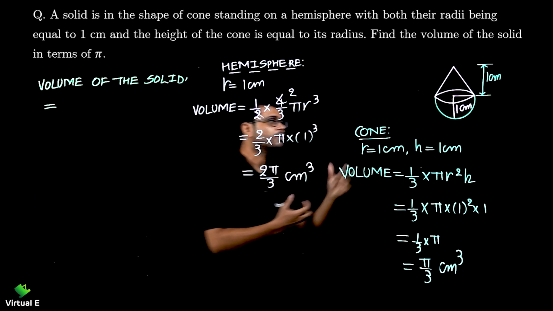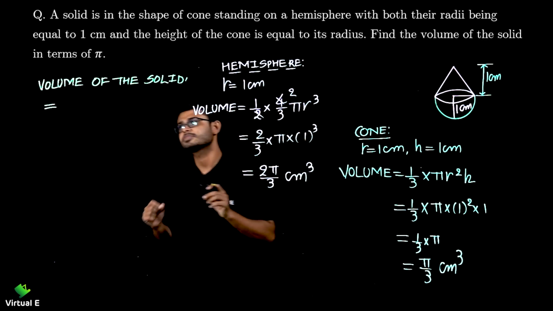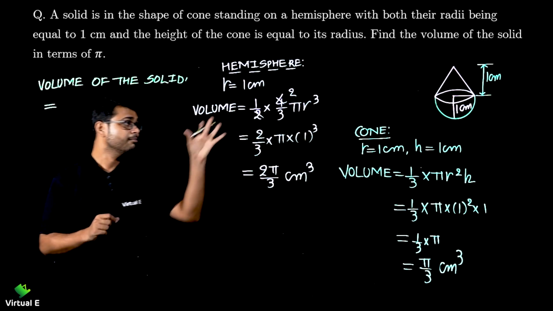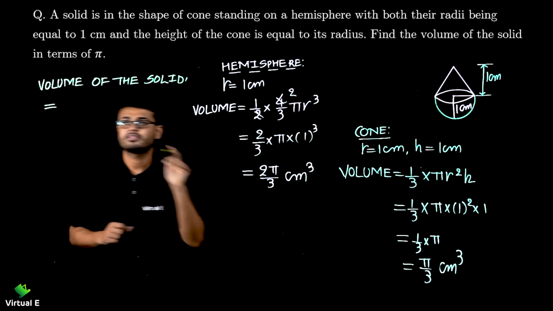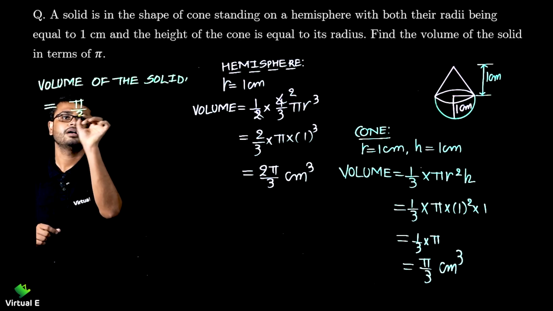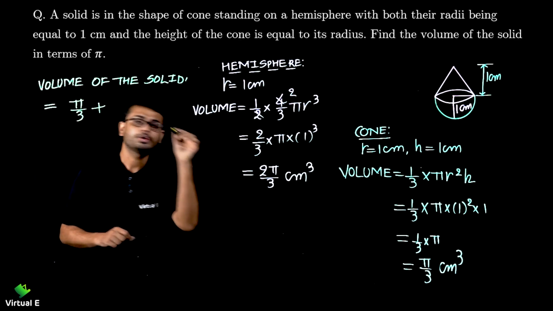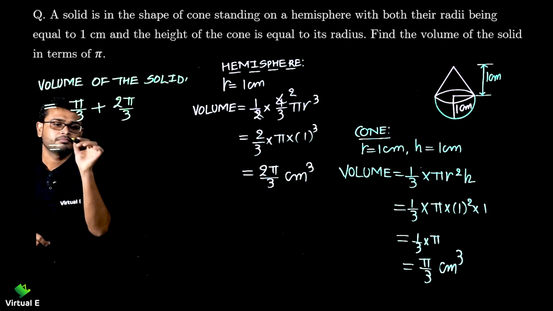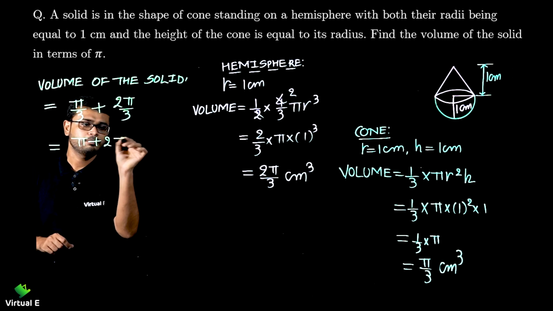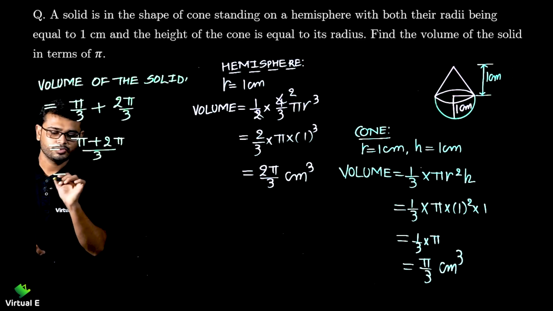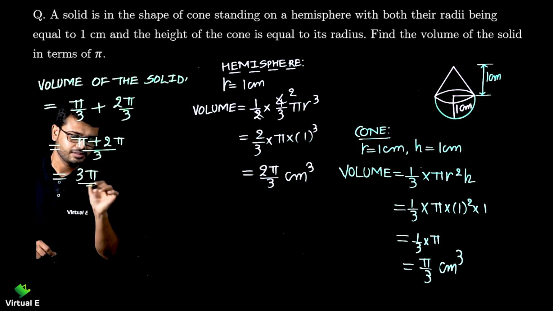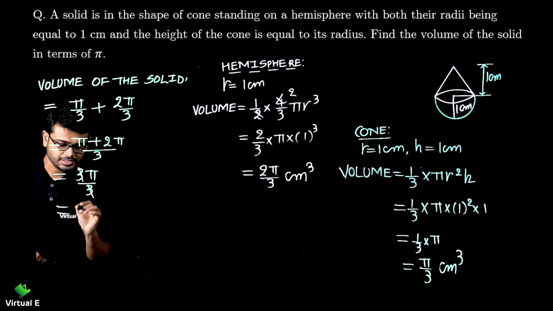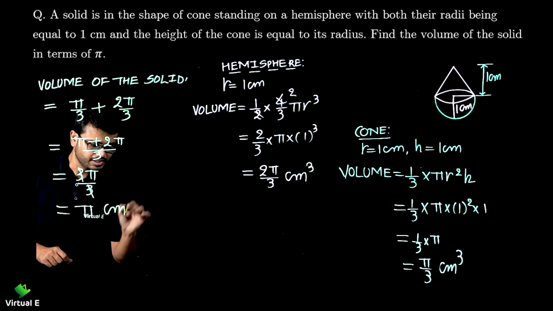Simple, we are going to add, because when we join those two shapes, we get this combined shape, which is given here. Pi by 3, and the other volume is 2 pi by 3. So pi by 3 plus 2 pi by 3, which is 3 pi by 3, the 3 gets cancelled, so pi centimeter cube.